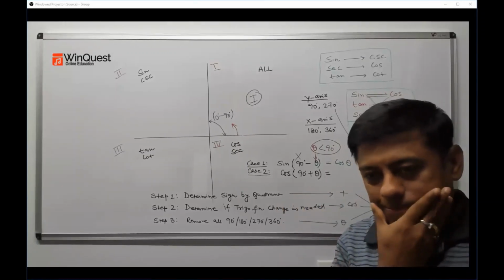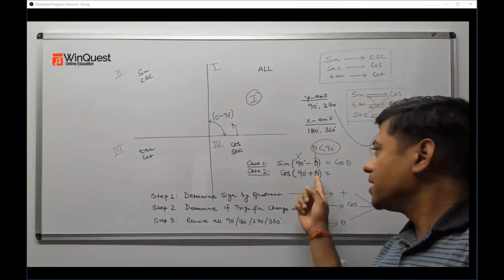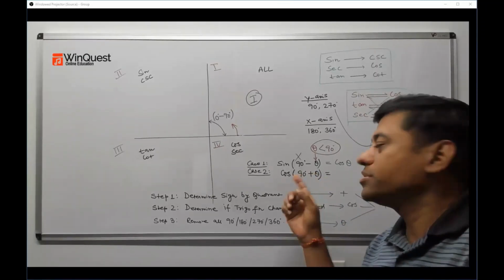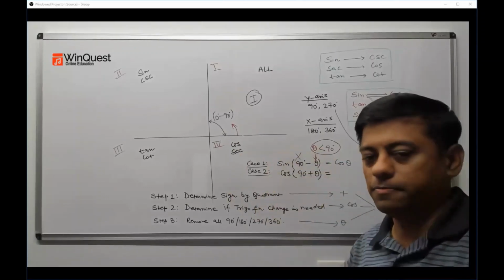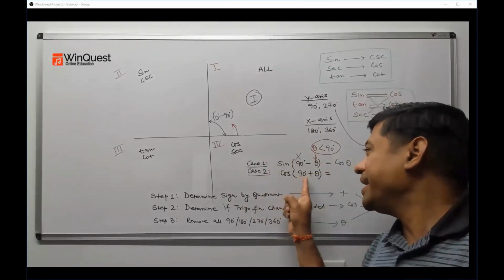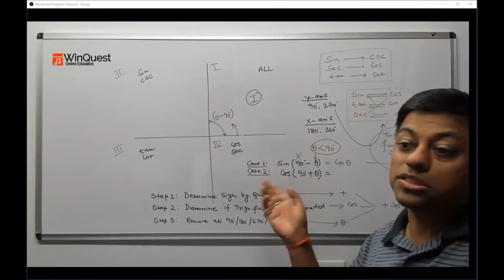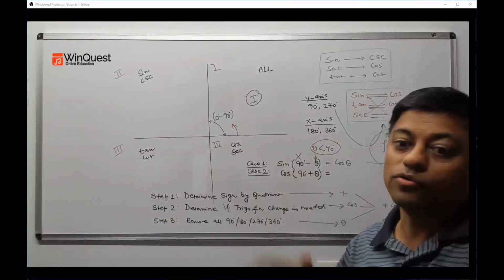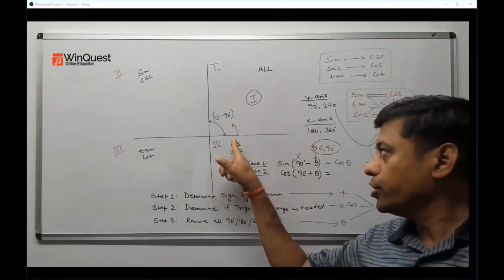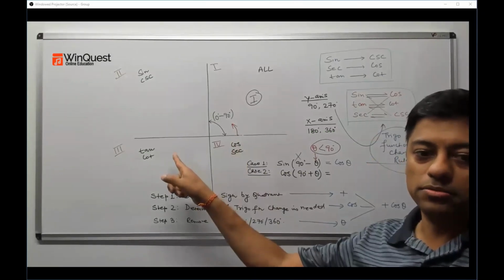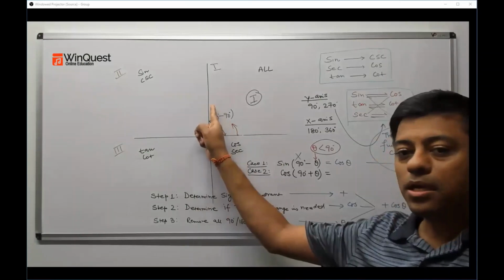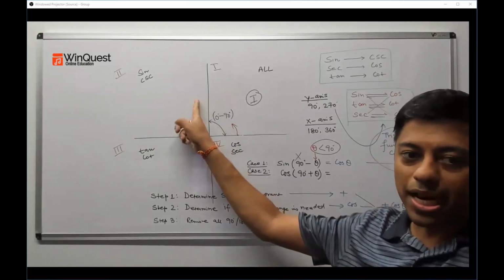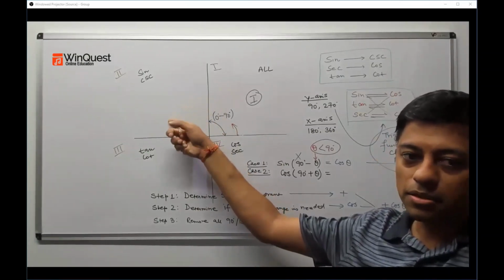Let's try to understand. When you see something in this format, you have to always assume that theta is less than 90. So 90 plus any angle which is less than 90 degrees. You have to think like that, not clockwise, anti-clockwise. 90 plus theta, and theta lies between 0 and 90 degrees.